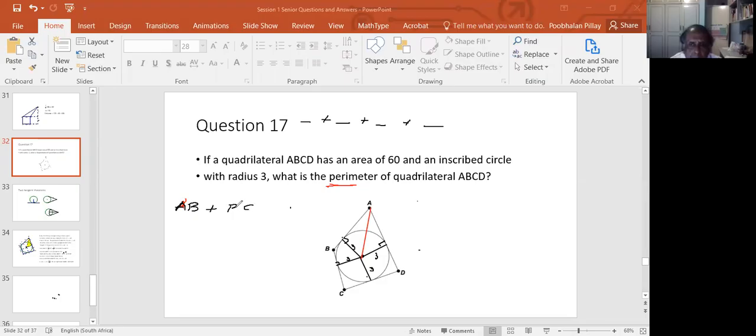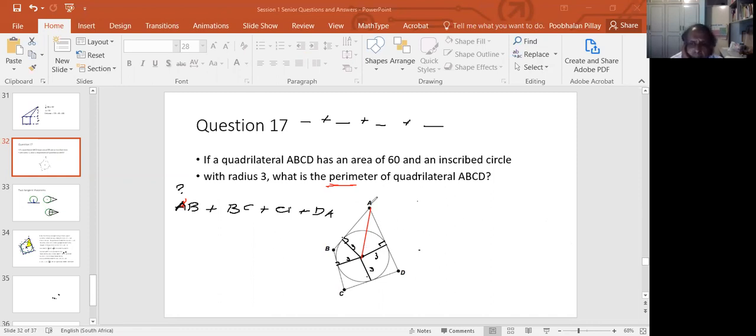It's the sum of the 4 sides. That's what you mean by perimeter. So this is the question. What is AB plus BC plus CD plus DA?